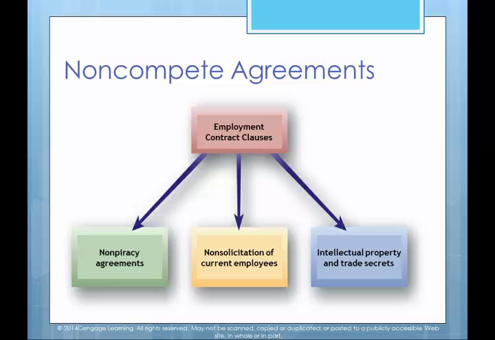Non-solicitation of current employees can be incorporated in an employment agreement. These are written to prevent a former employee from contacting or encouraging coworkers at the former employer to join a different company, often a competitor. And then intellectual property and trade secrets, as I talked about, really the right to keep trade secrets confidential.